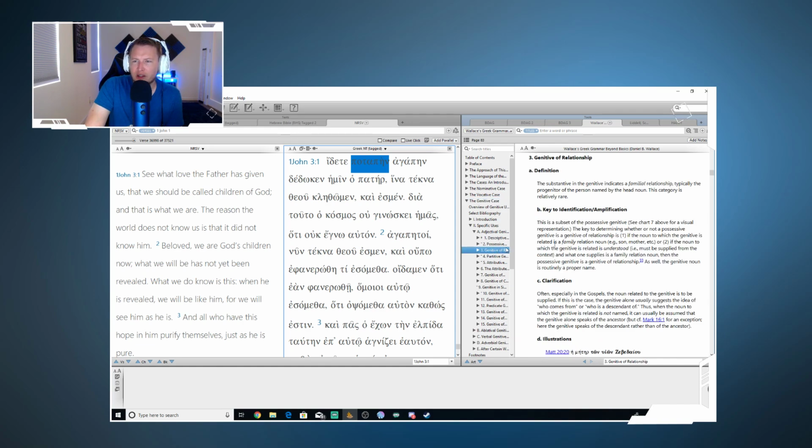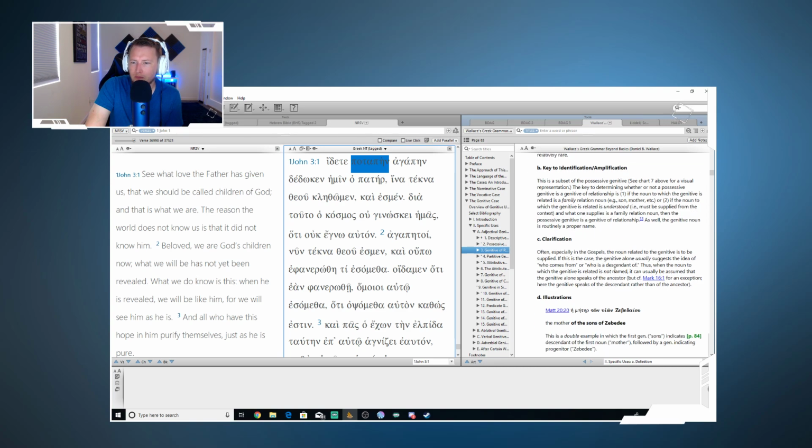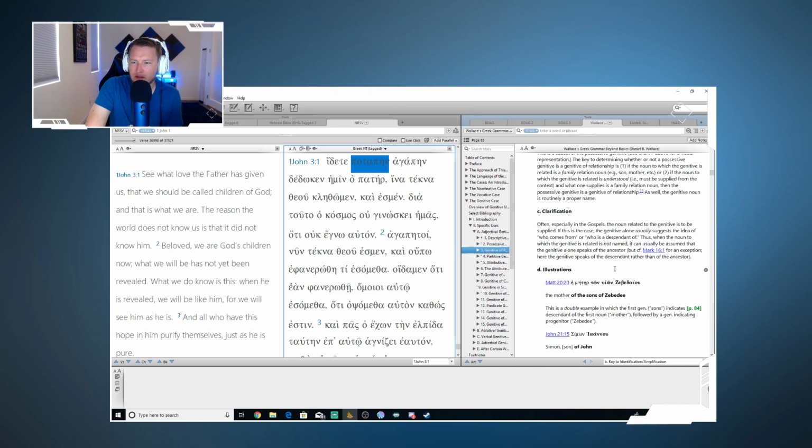The substantive in the genitive indicates a familial relationship, hence tekna. Typically the progenitor of the person named by the head noun. This category is relatively rare. Okay, I don't think this will be correct, but the sons of Zebedee.